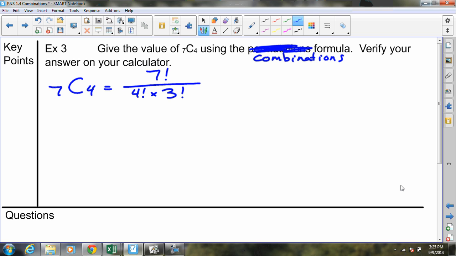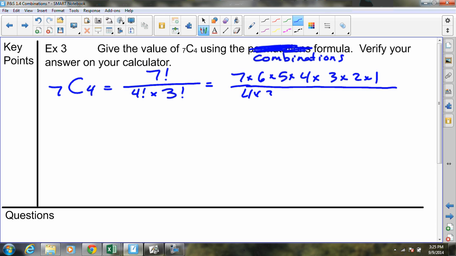The 4. Getting them in the expanded format, because we were told to use the combinations formula: 7, 6, 5, 4, 3, 2, 1 over 4, 3, 2, 1 times 3, 2, 1.